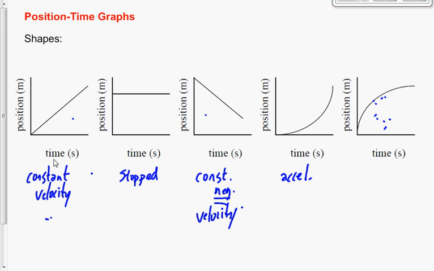Decreasing speed. Good. We're driving to Calgary, but as we go, we're slowing down. Still moving in the positive direction, but slowing down. Let's say decelerating or negative acceleration. Or as you said, it's decreasing velocity. That would be okay as well.